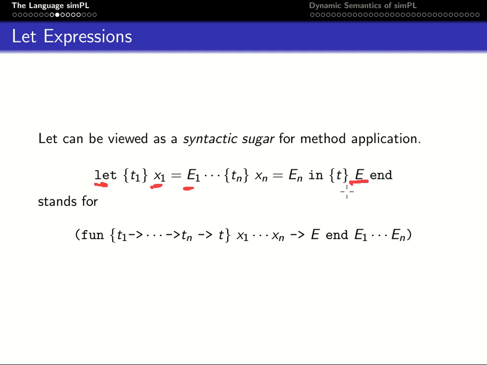But all this is translatable into a function applied to e1 up to en. And it's obvious that this is correct. We are taking this e, and all occurrences of x1 up to xn inside it come from these definitions: x1 is e1, xn is en. We call these bindings.